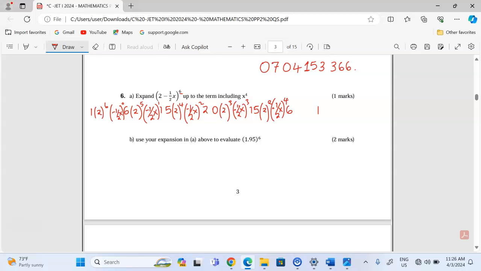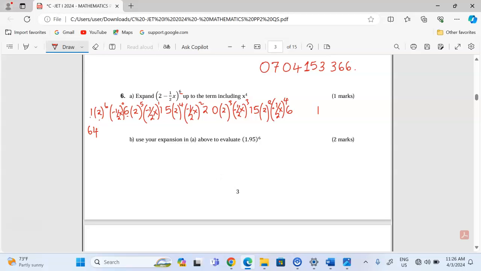So now I can open up these brackets, whereby 2 power 6 is equivalent to 64 in the first term. Anything power 0 is usually 1. Therefore, we are having 1 times 64 multiplied by 1 again. So we get 64. Then we go to the next term, whereby we start with a 6, then 2 power 5, which is a 32, and negative half x power 1.